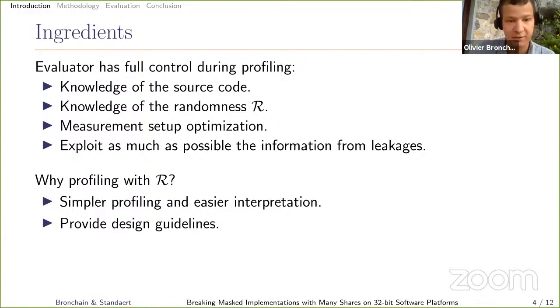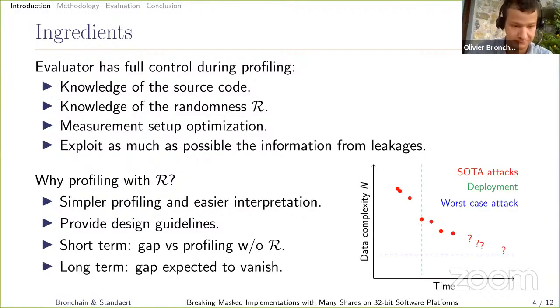The main ingredient really is the knowledge of the randomness, because it allows a simpler profiling, and it allows giving interpretation of the results. And based on that, we are able to give clear guidelines to the evaluator about why an implementation is weak or why it is strong.